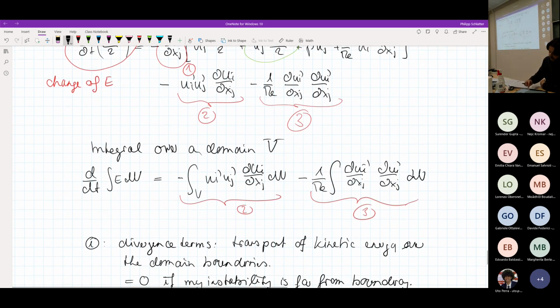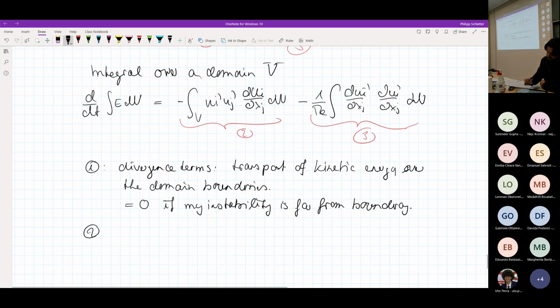These guys here. Term number 2, this ui prime uj prime times dUi/dxj. Well, this is an interesting term because, as I was saying before, it's a fluctuation ui prime uj prime times the mean flow gradient. And this is what is called a so-called production term.